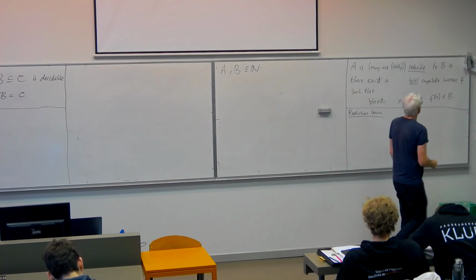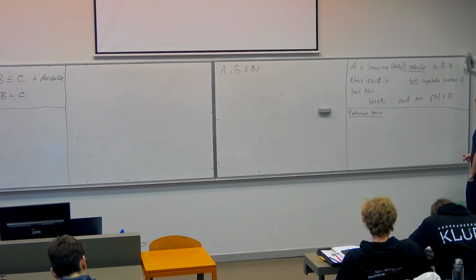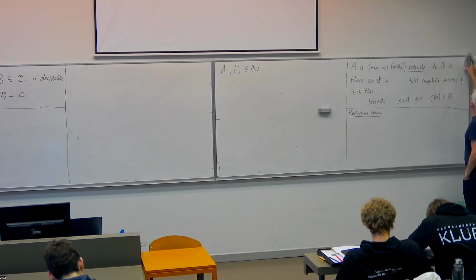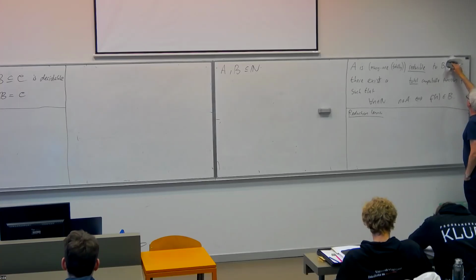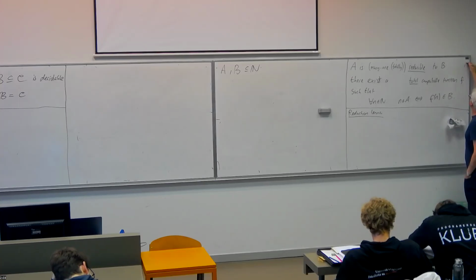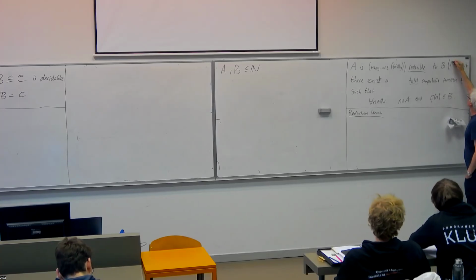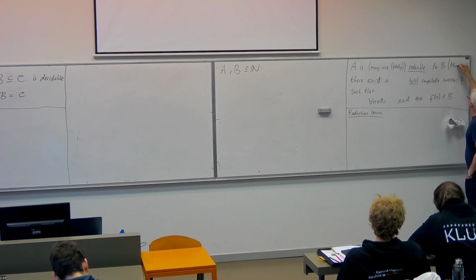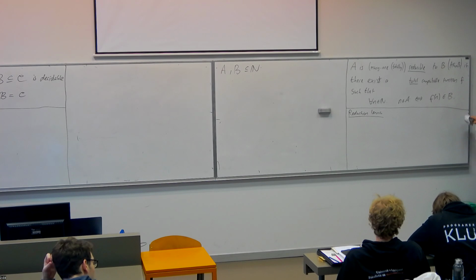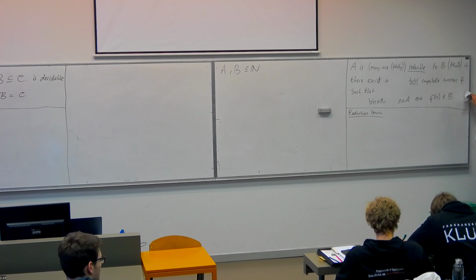By the way, there's notation here, which I'm not using in the notes, but maybe I'll use it later. People often write A less than or equal to sub m B, the m for many-one reducible. That's just the notation.